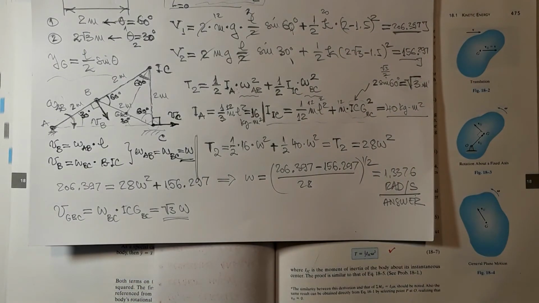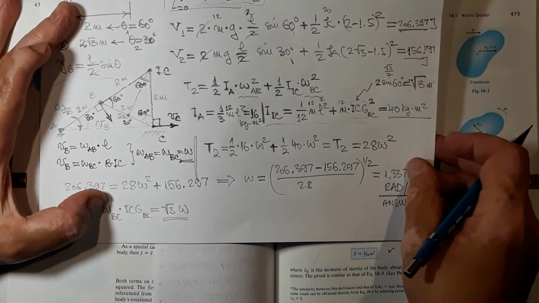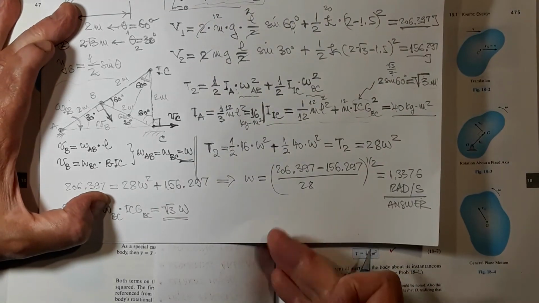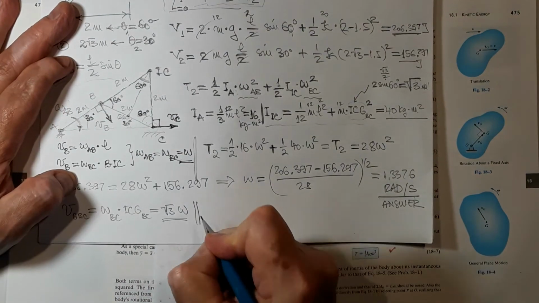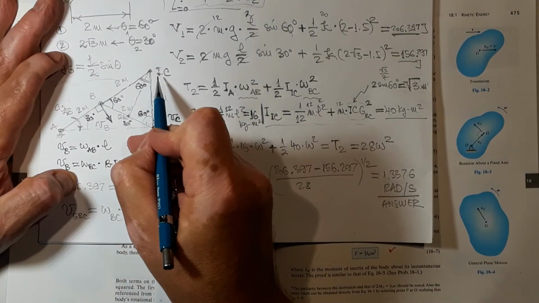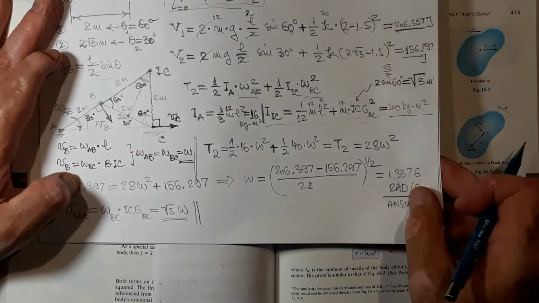Okay, and of course we can find, the third approach is by not involving the instant center in any way, using relative velocity.